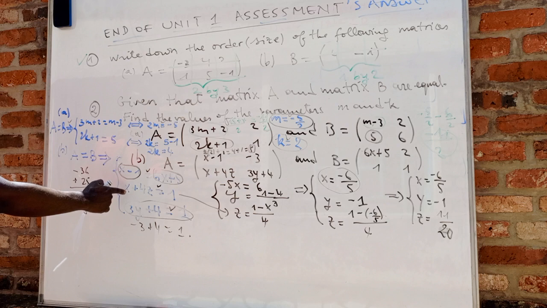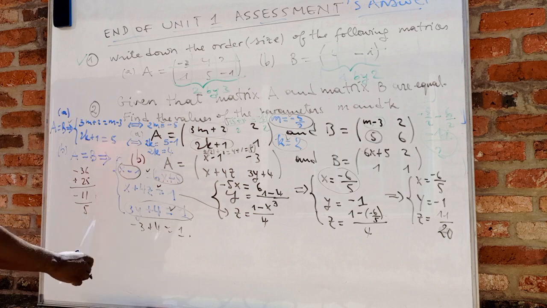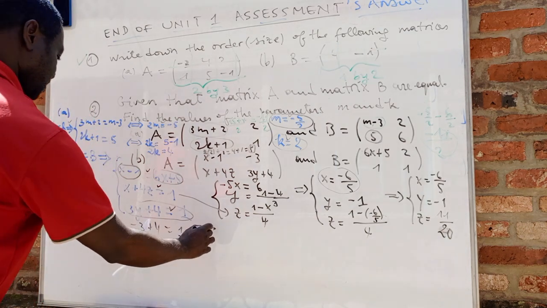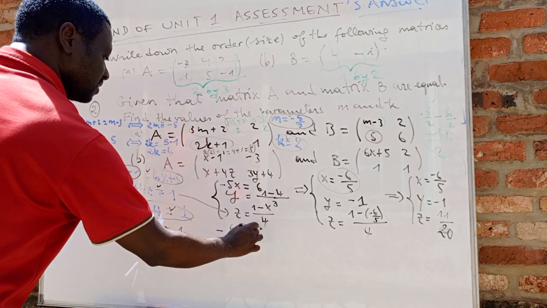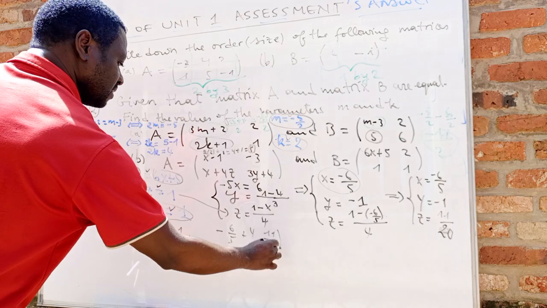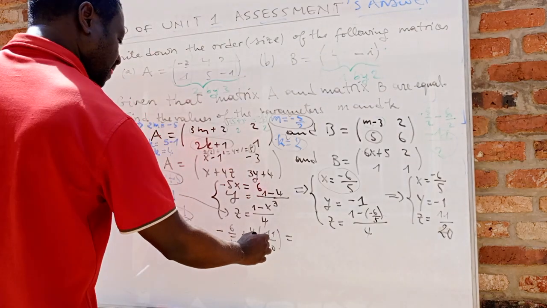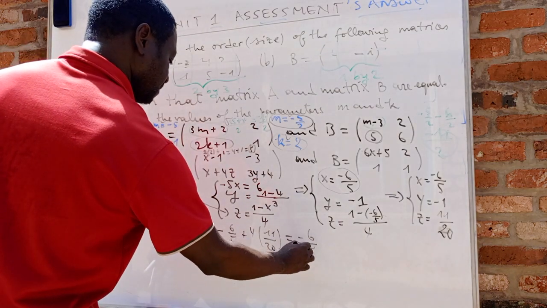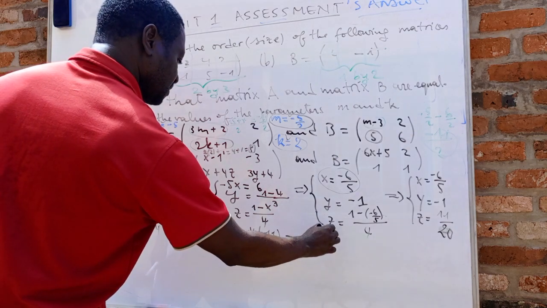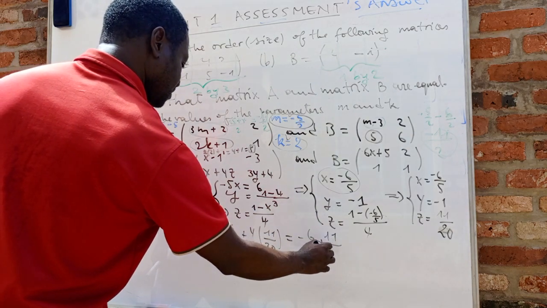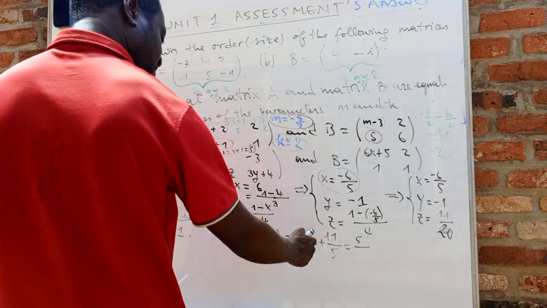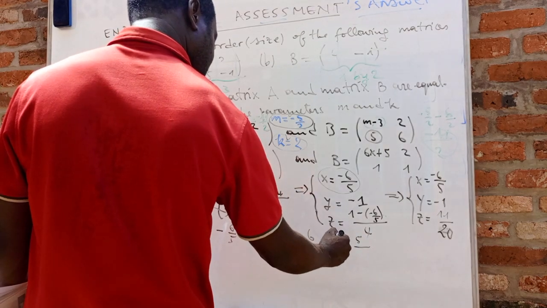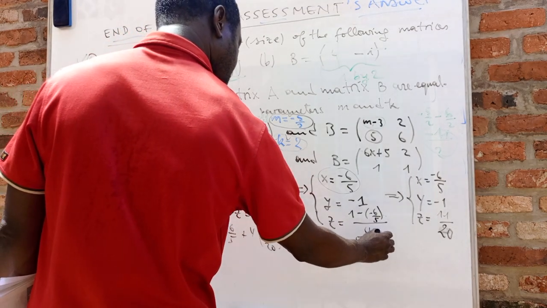Negative 6 over 5 plus 4 times z, equal 11 over 20, which means we add 4 times 11 over 20. After simplification, this is equal to 11 minus 6 over 5, which is 5 over 5, which is 1.